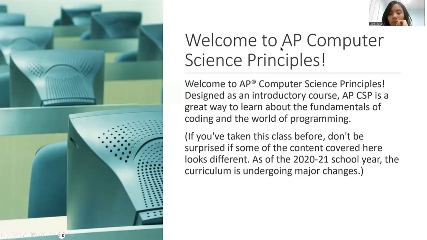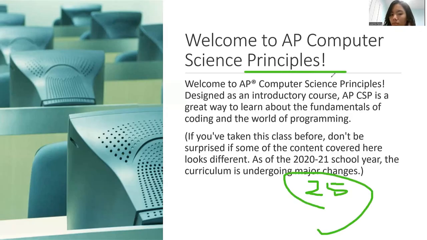The AP Computer Science Principles exam, starting from the 2020 to 2021 school year, uses the new curriculum. And last year, 2025, one more update was added to the curriculum.